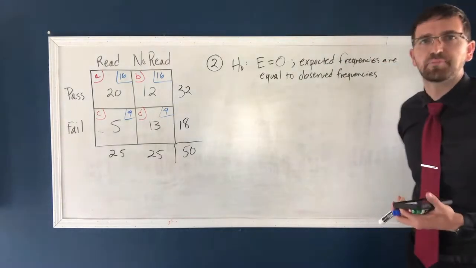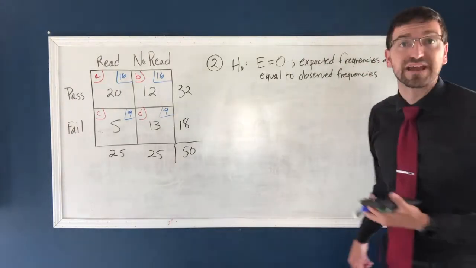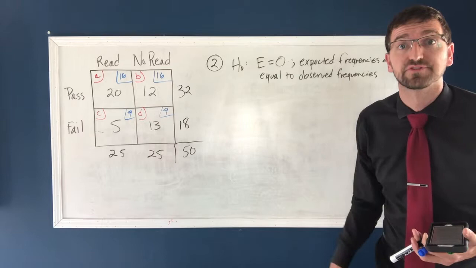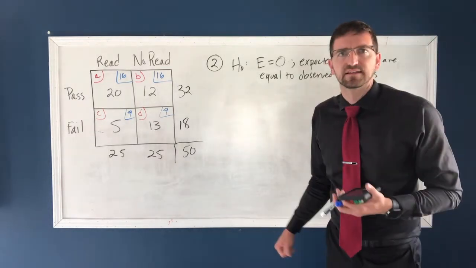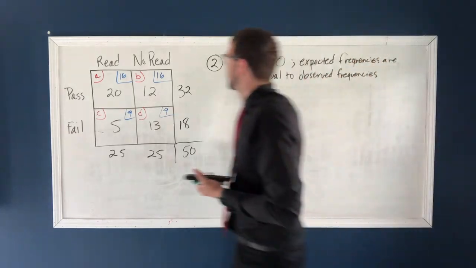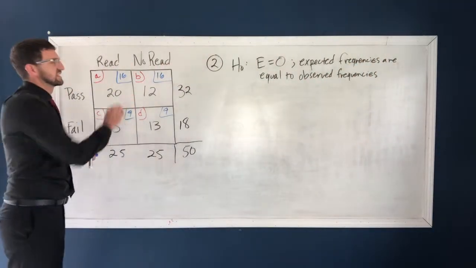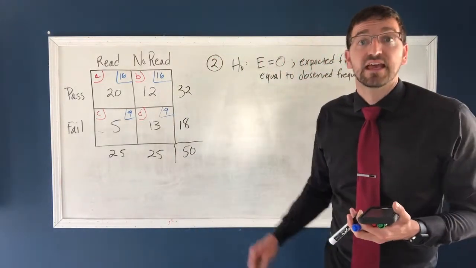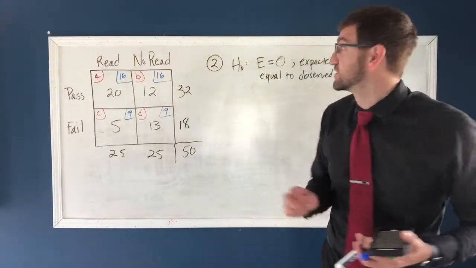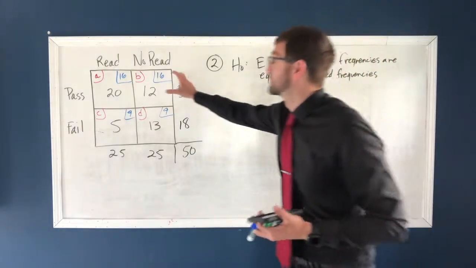Okay? The null hypothesis reads, expected frequencies equal observed frequencies. And what does that mean? If the expected frequencies are equal to the observed frequencies, it means there's no relationship between the two variables.